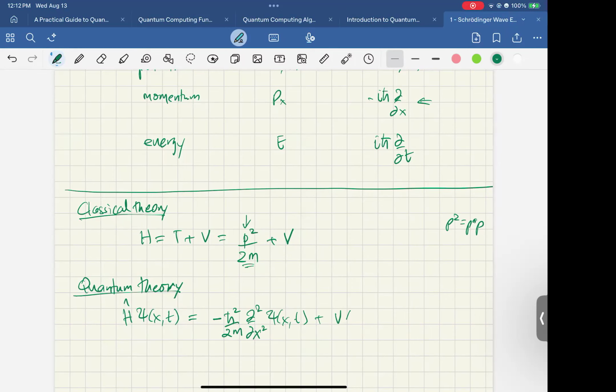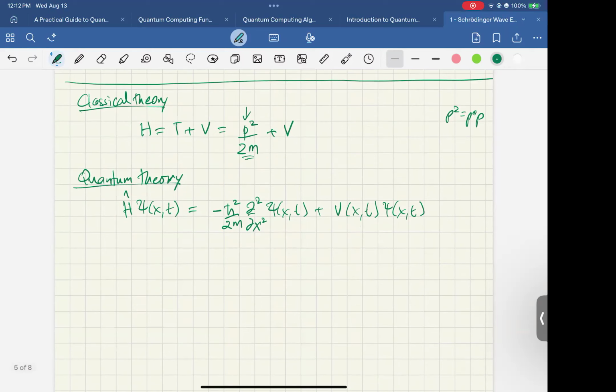And then of course you have the potential, multiplied by the wave function. In 3 dimensions, so this was in 1D, in 3 dimensions we have the Hamiltonian operating on the wave function psi, where psi is dependent on position r.